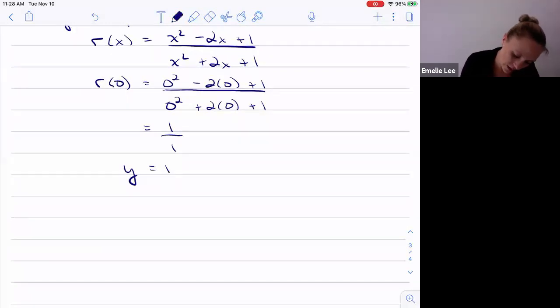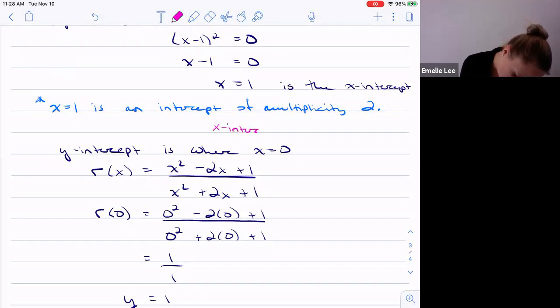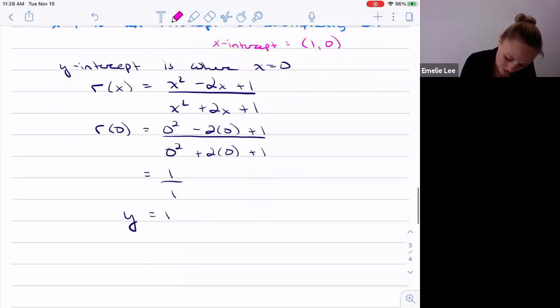So y equals 1. I'm going to make a note of these ordered pairs. Here I have the x-intercept: when x is 1, y is 0.